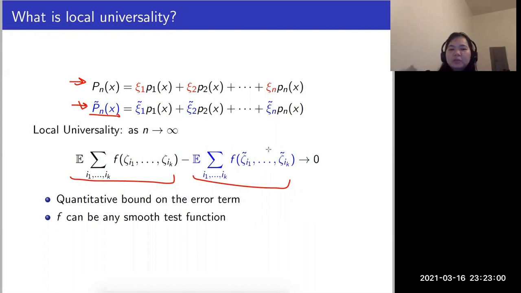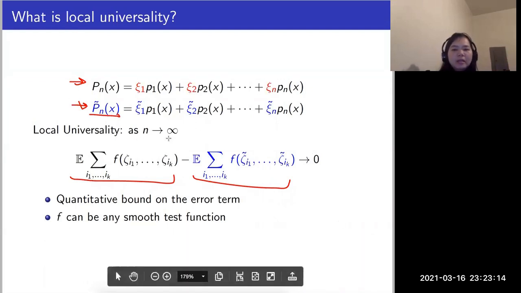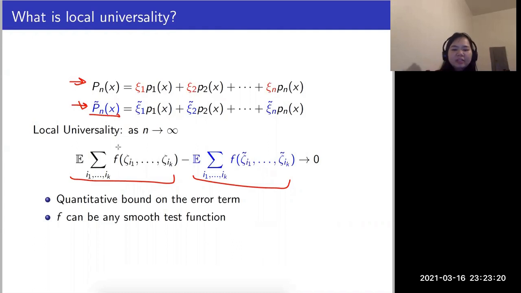To be useful, these bounds should generally be quantitative, meaning the error term is controlled, and of course, better control of the error term will give us a better analysis. This is usually proven for any fixed smooth test function, and a result like this is called a universality result.